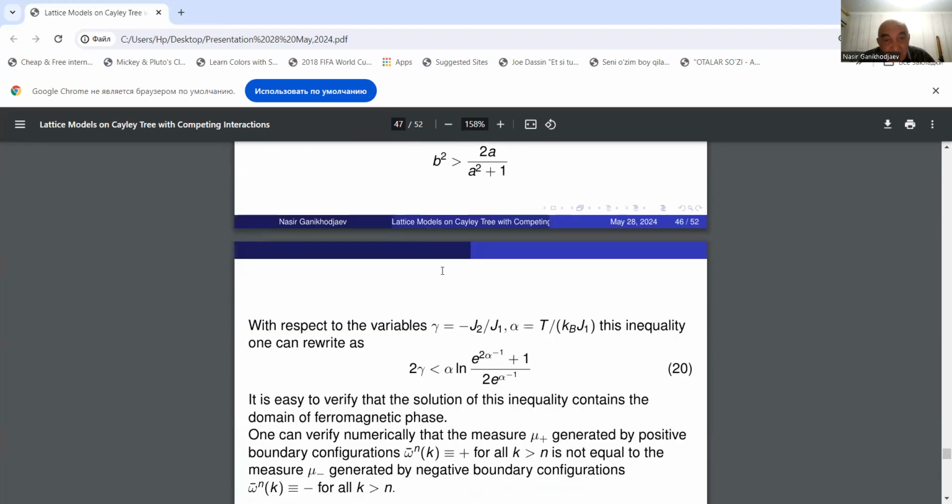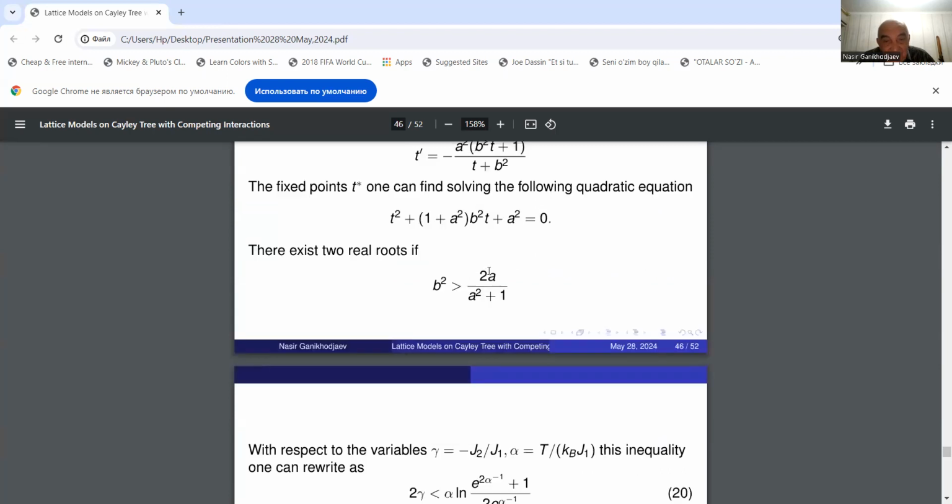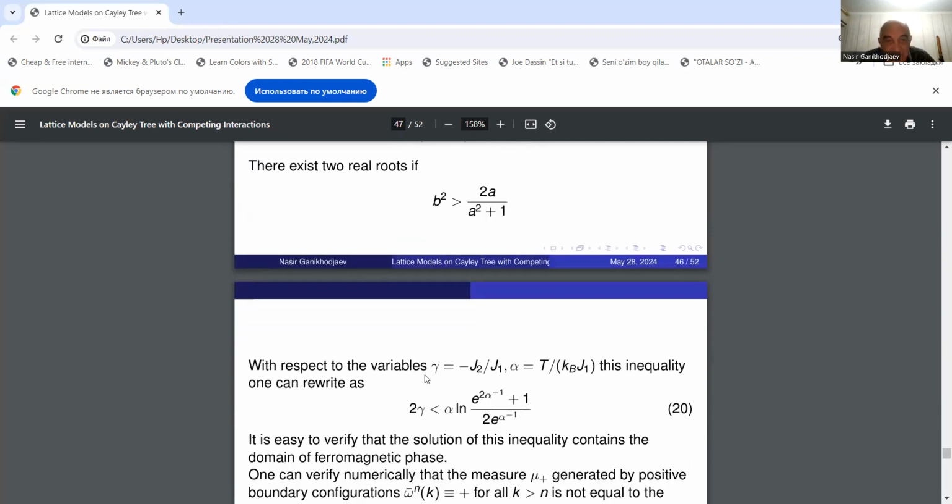So now, replacing A and B, because A is exponent beta g1, B is exponent beta g2. Passing to these variables, gamma and alpha, we have this equality.